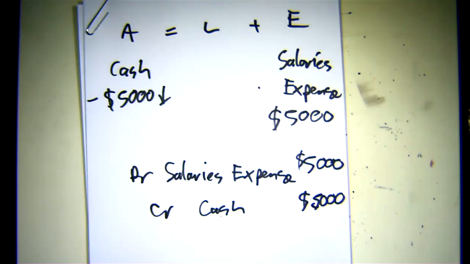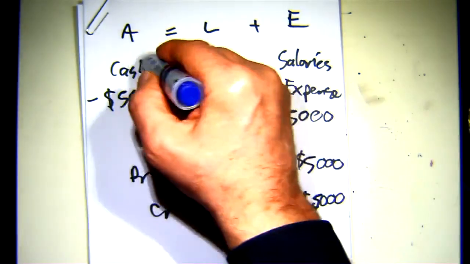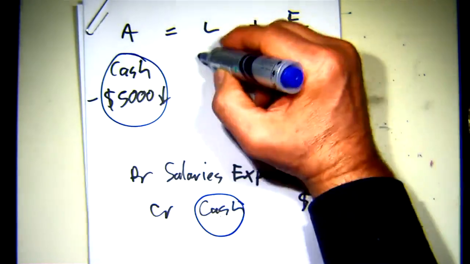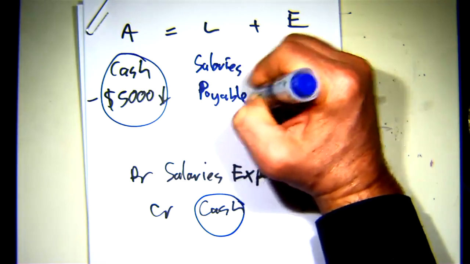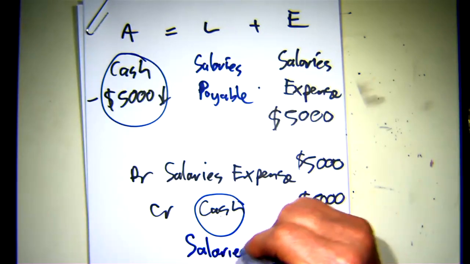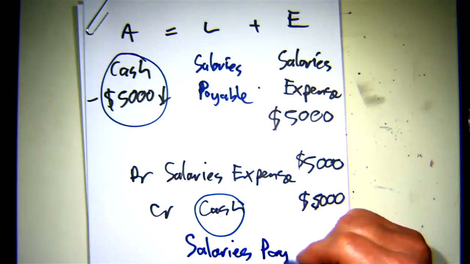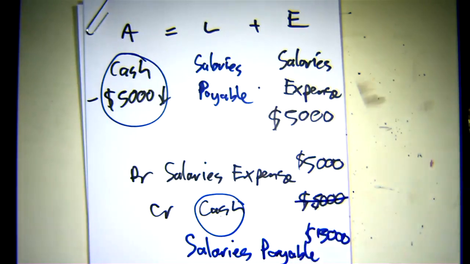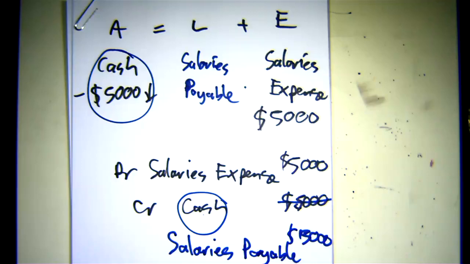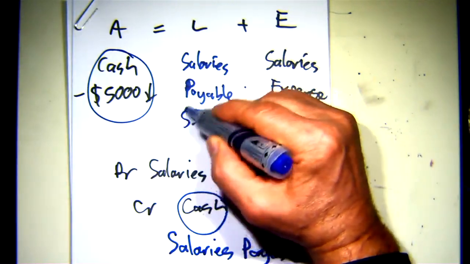Now, if I used the example before, where I didn't pay cash for the salaries expense, I could recognise the salaries payable. We'll look at this next week in more detail. So the alternative journal entry, where I recognise the salaries expense but I didn't pay cash, I recognise the liability.